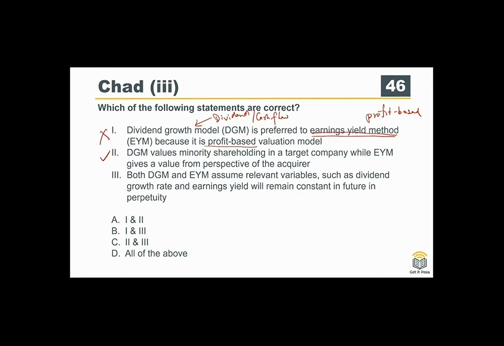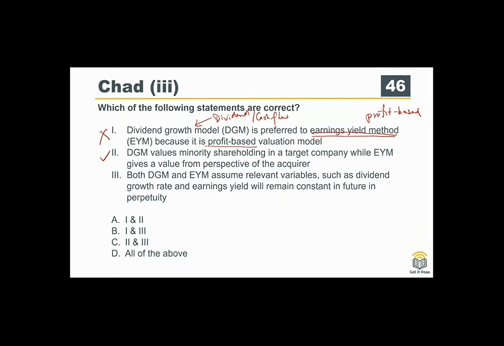The third statement is about both DGM and the earnings yield method: assume relevant variables, say dividend growth rate and earnings yield, will remain constant in future in perpetuity.